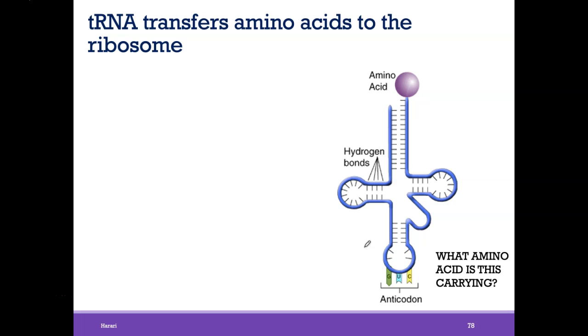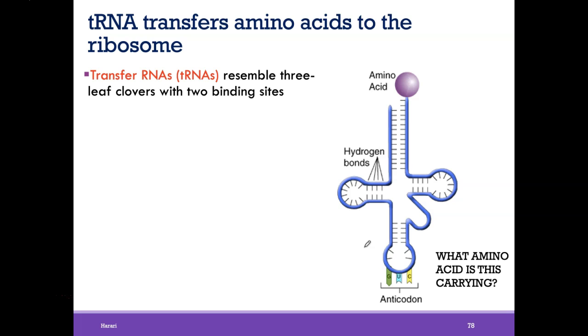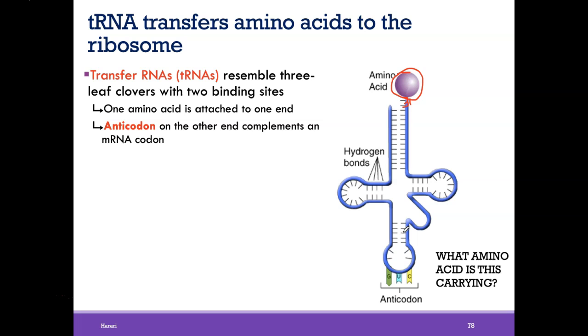Now let's talk about tRNAs. Transfer RNAs transfer amino acids to the ribosome. tRNAs resemble a three-leaf clover, and they have two important binding sites. At one end, specifically the 3' end, there is an amino acid, and this could be one of 20 different amino acids. The other end has a very important sequence of three letters called the anticodon. Not the codon, but the anticodon.